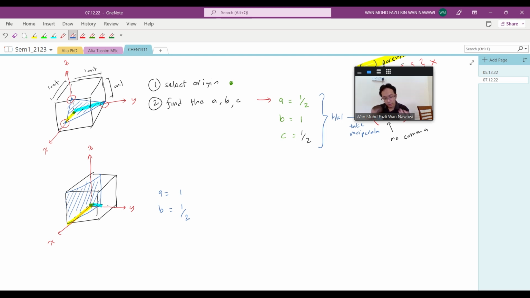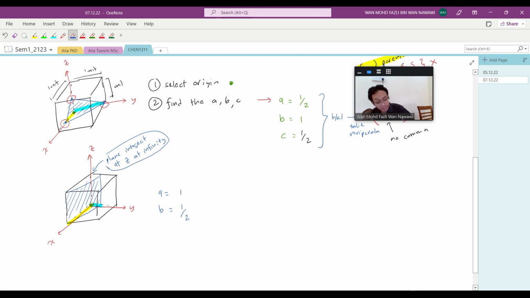But now we look at Z. So we see Z. The plane doesn't intersect at Z at all. If this is the case, we say that this plane intersects at Z at infinity.